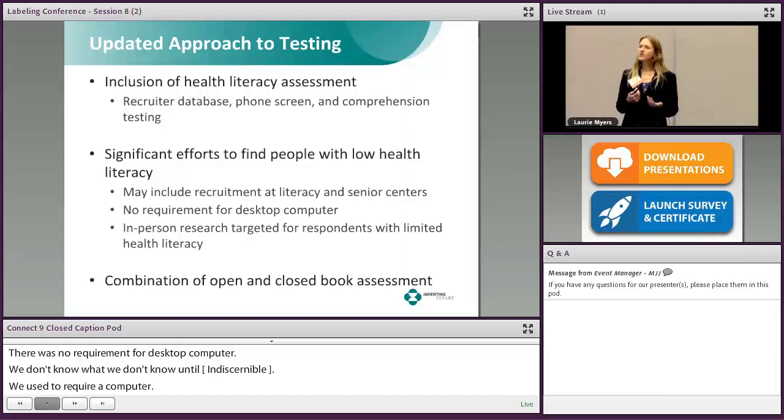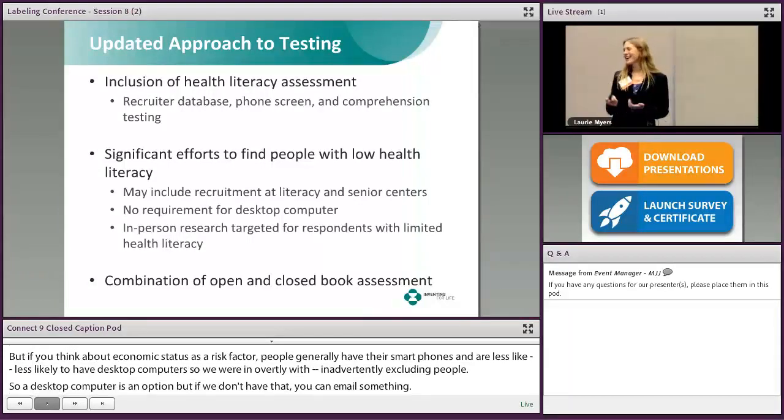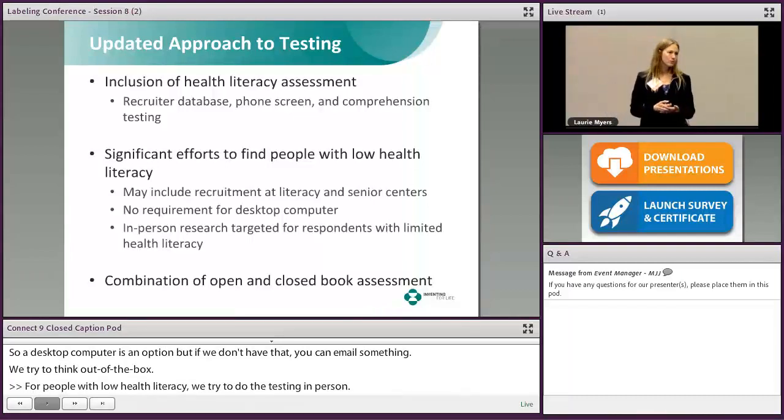So now, desktop computer is one option, but if you don't have that, we'll mail you something, right? And you can open it at the beginning of the testing. So we've really tried to think a little bit, again, for a pharma company, this is out of the box, about how we find people. And then for people with low health literacy, we really try to do that testing in person.